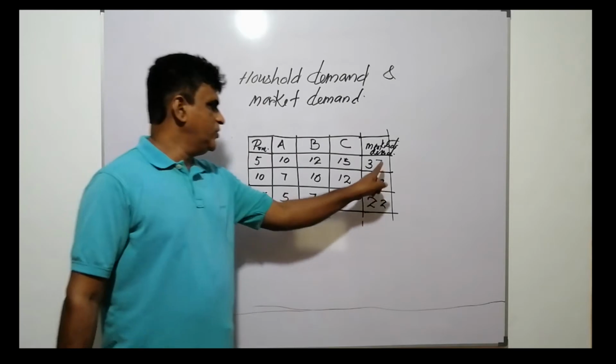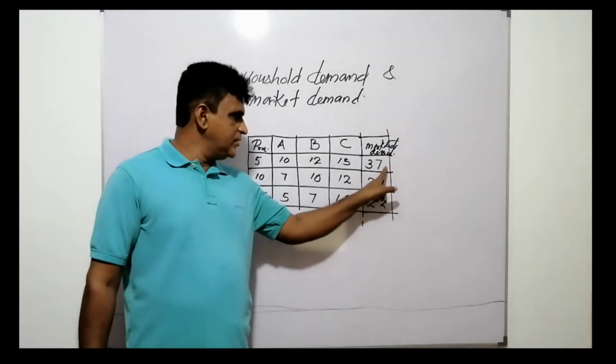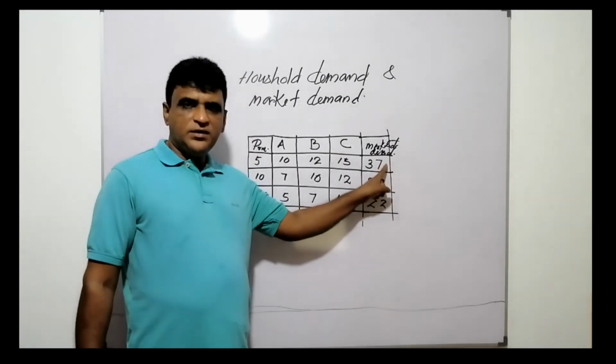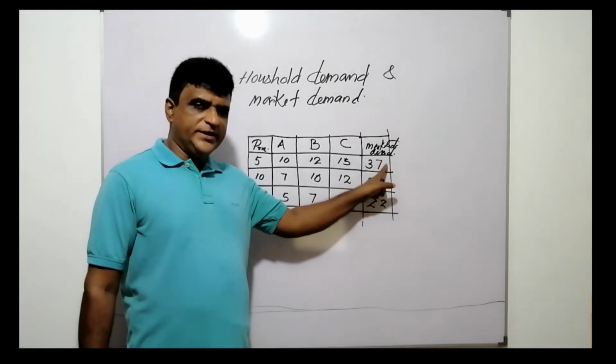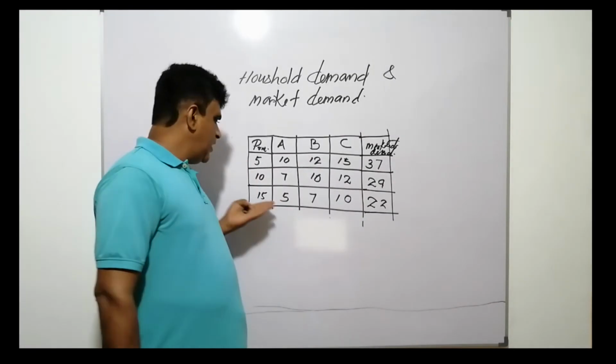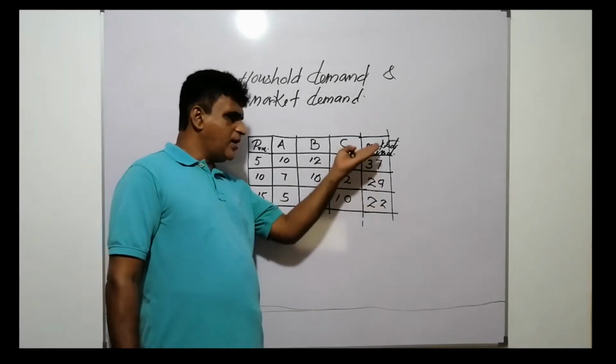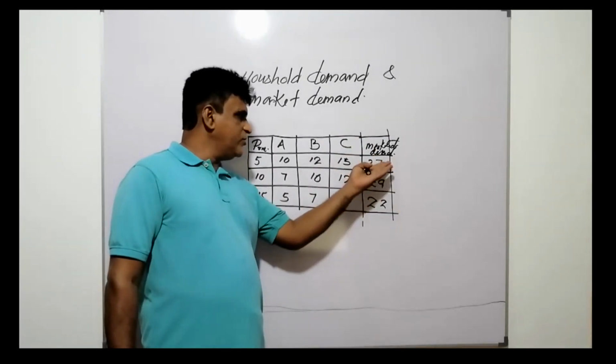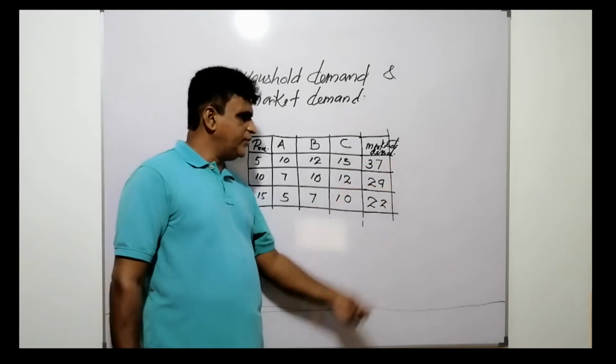In market demand also, at a lower price, a higher quantity is demanded by all consumers. At a higher price, it was reduced from 37 to 29.